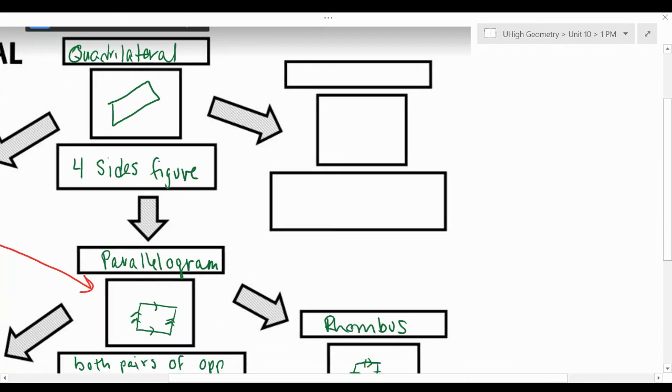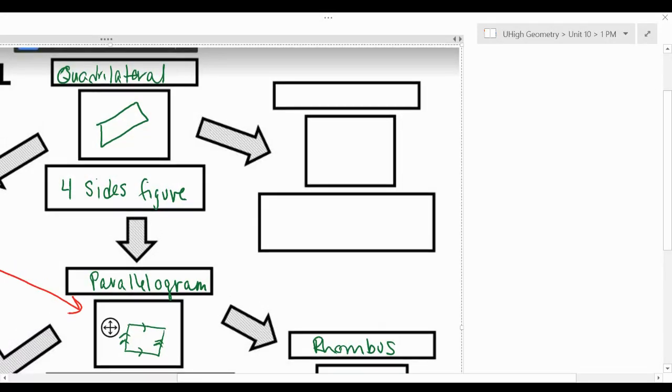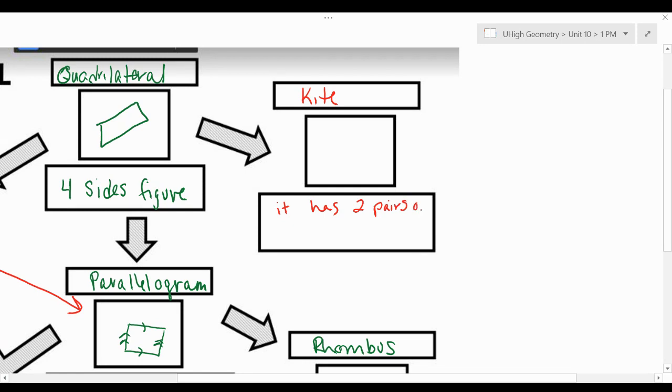All right, the other shape that we have over here was the one we actually talked about today. This is going to be our kite. So when we talked about a kite, we said that it has two pairs of consecutive sides congruent.